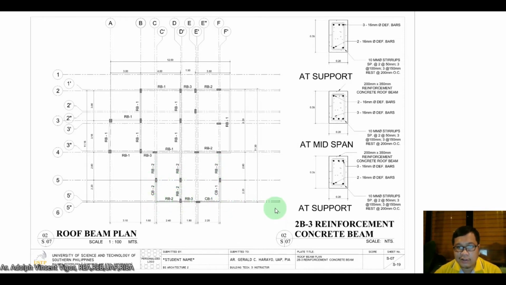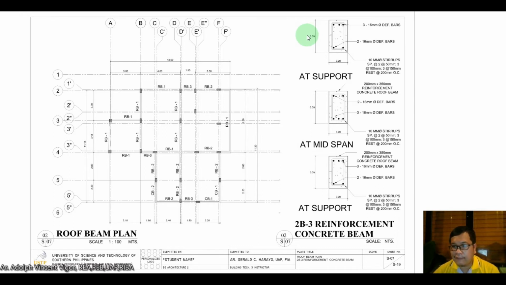Here you can also see another detail for 2B-3. The size: I think for 2B-1 and 2, the depth is 0.40, while at 2B-3 it's only 0.35. So that's the difference.